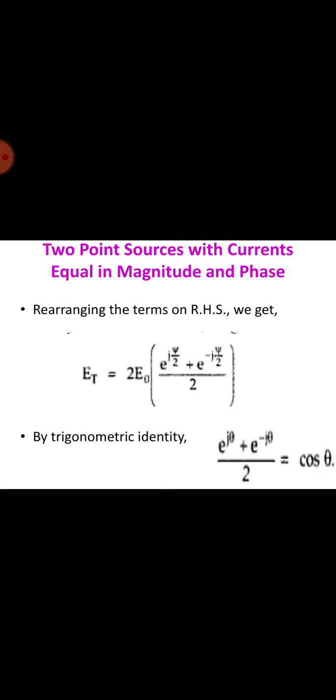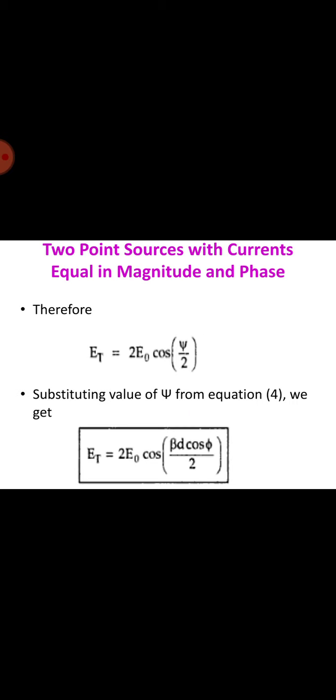Rearranging this equation, multiplying and dividing by 2, we get 2 E0 into e power j psi by 2 plus e power minus j psi by 2, divided by 2. By the trigonometric identity, e power j theta plus e power minus j theta by 2 is equal to cos theta, so we can write this as cos of psi by 2. So Et can be written as 2 E0 into cos psi by 2.